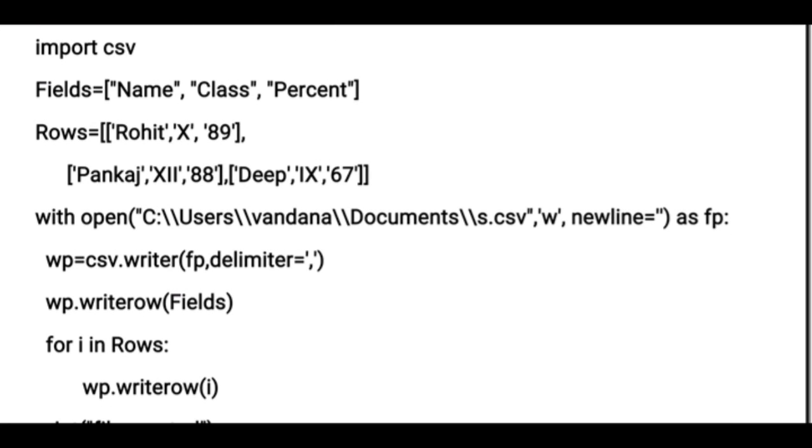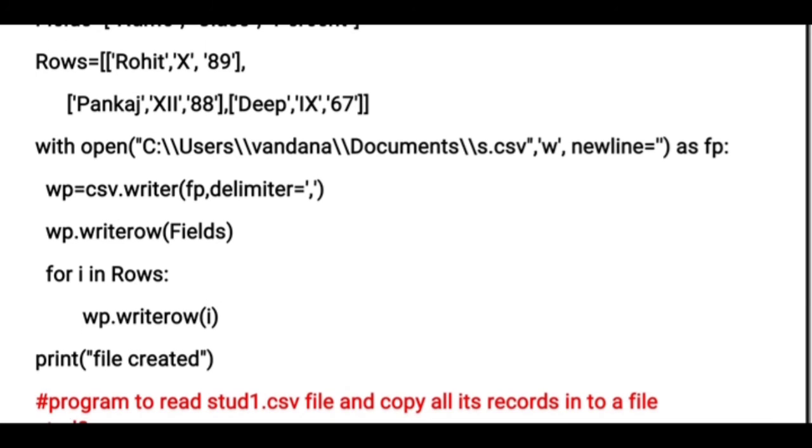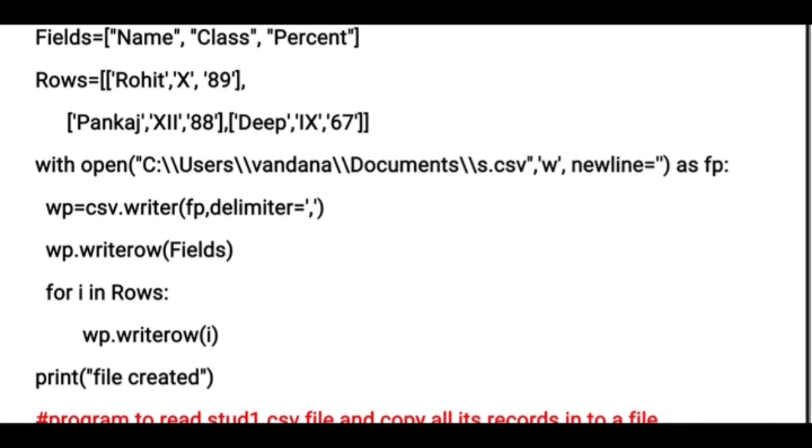Now remember, the fields are name, class and percent. So I am writing with the help of wp, that means the writer object, the fields name, class and percent. Now I have used a for loop here to write the multiple rows into my file. You can also use the writerows function instead of the for loop here, so it's up to you.